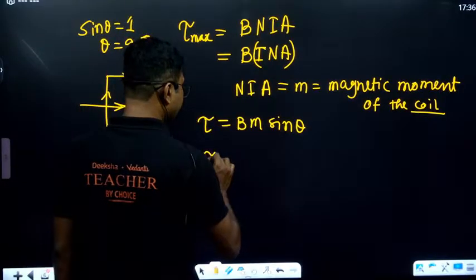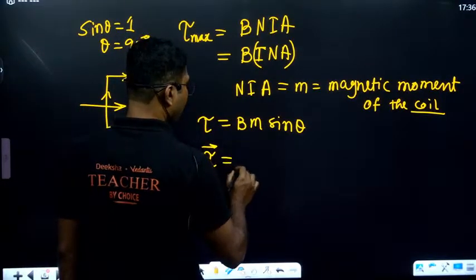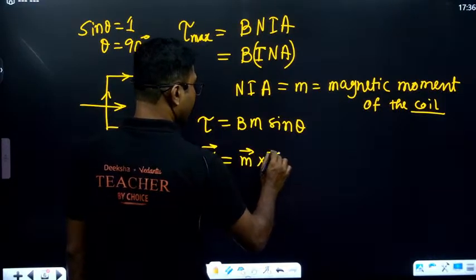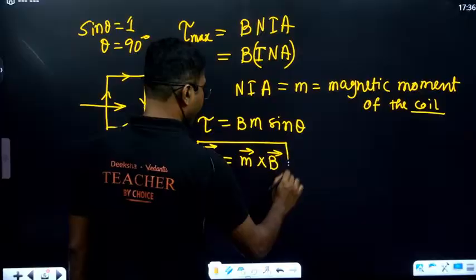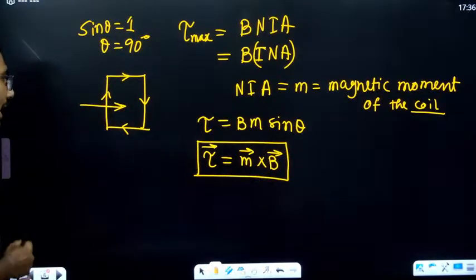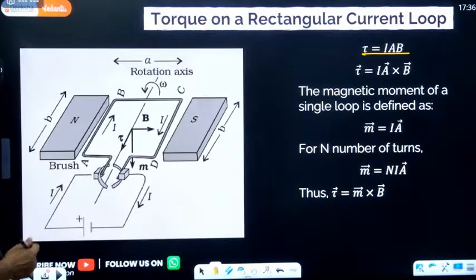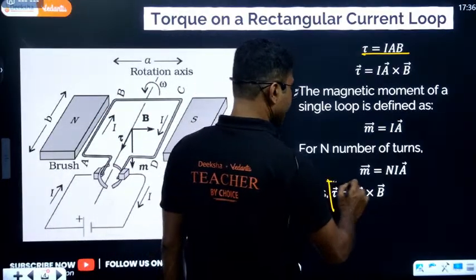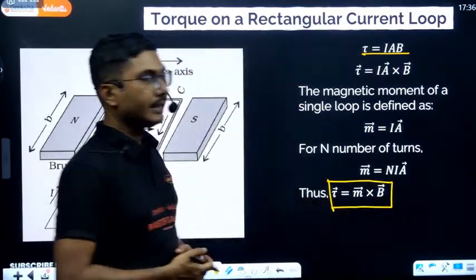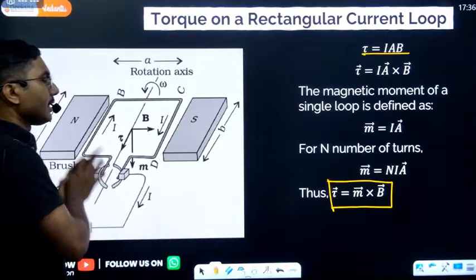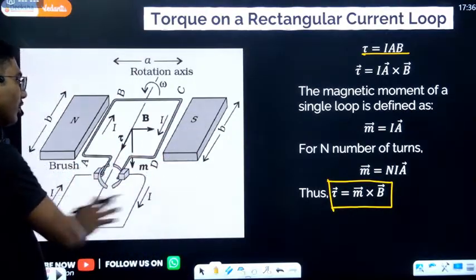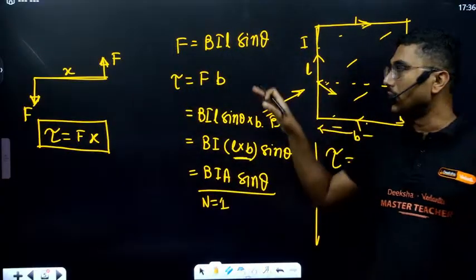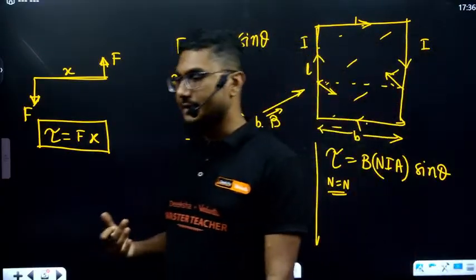So when you are writing this in the vector form, it will be torque equals m cross B. Remember the order is m cross B. This is the expression for torque acting on a current carrying loop. So this derivation is important, and you don't need to draw this kind of diagram. A simple square loop with a magnetic field pointing at it is sufficient.